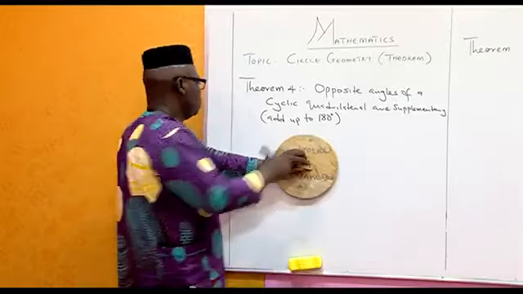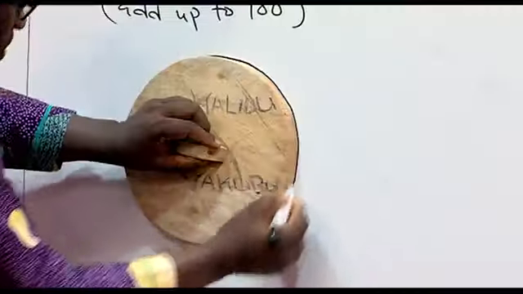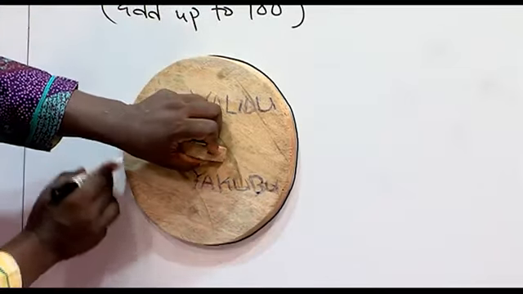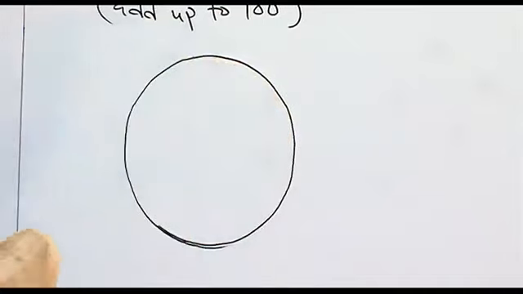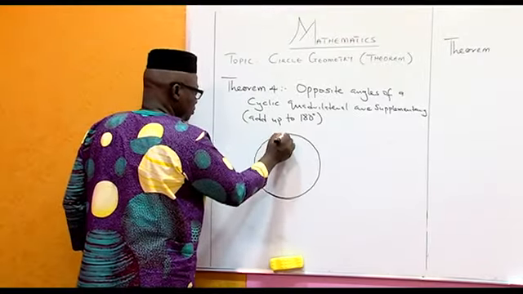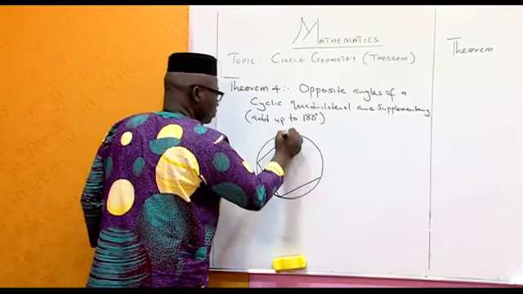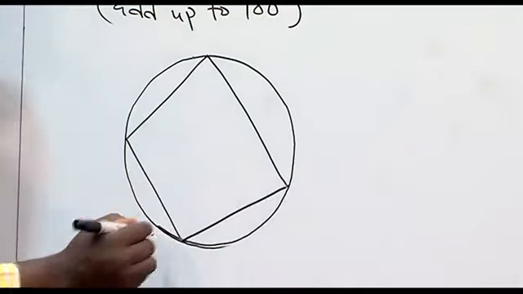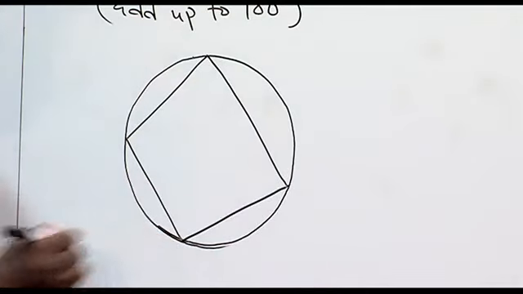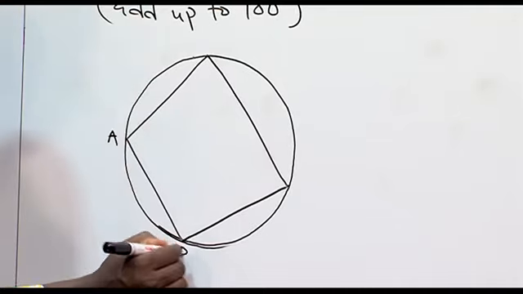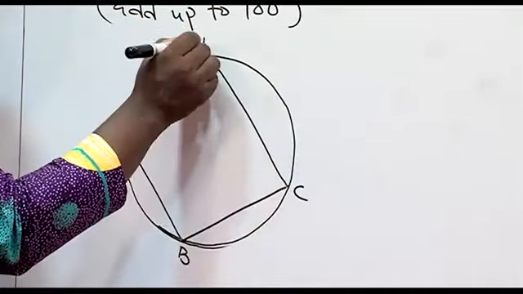Let me draw a cyclic quadrilateral on the board. If I have a cyclic quadrilateral like this, A, B, C, and D.